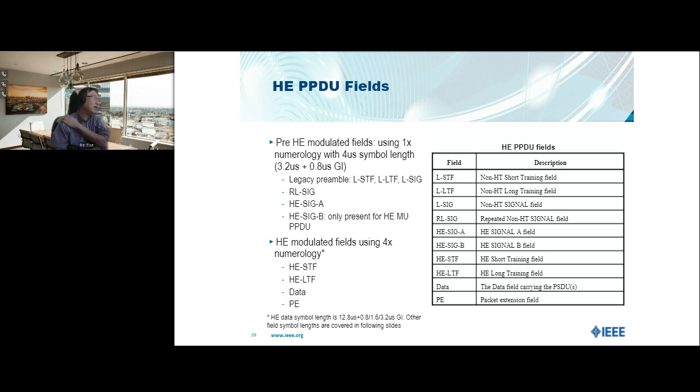We'll cover that in the future, okay? So overall, the HE PPDU is divided into the pre-HE modulated field, which uses 1x numerology, and the HE modulated field, which starts to switch to 4x numerology. All the tone indexes, everything switches to that.